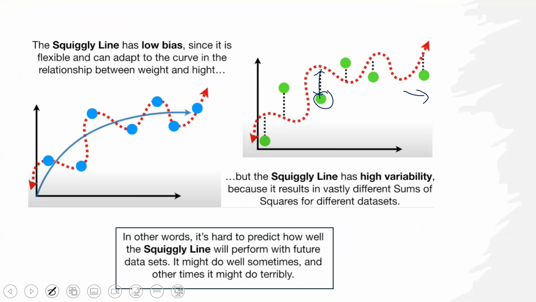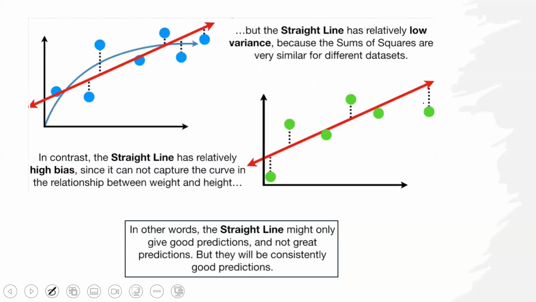In other words, it's hard to predict how well the squiggle line will perform with future data sets, because the variance is high. It is not able to predict the exact output for the test data. The model performs well on the training data, where it exactly captured the relationship between the points. Okay, so that is what you have to understand.